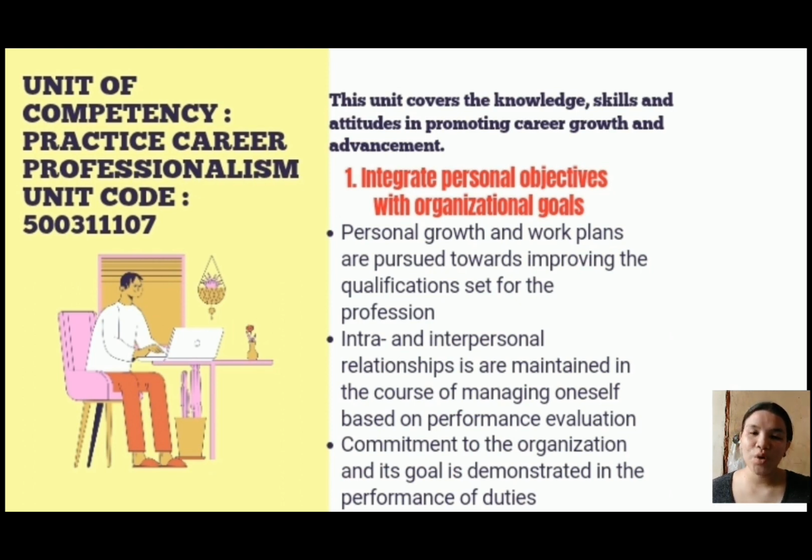So, personal growth and work plans are pursued towards improving the qualifications set for the profession. Intra and interpersonal relationships are maintained in the course of managing oneself based on performance evaluation. So, commitment to the organization and its goals is demonstrated in the performance of duties.